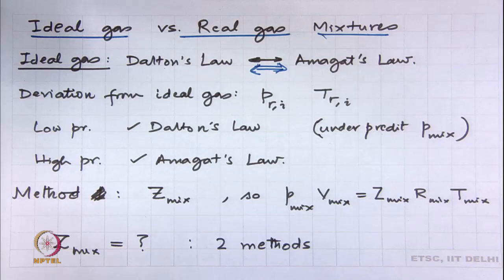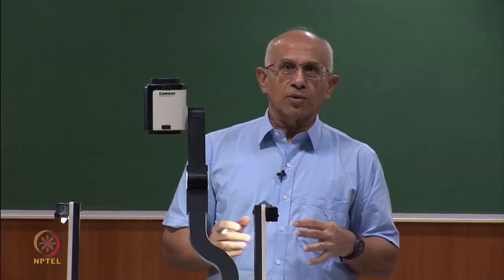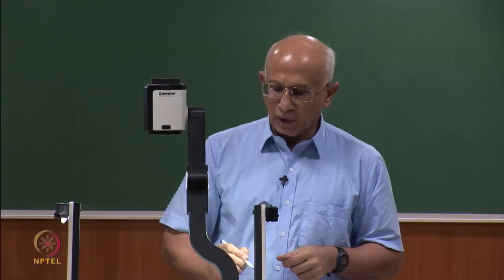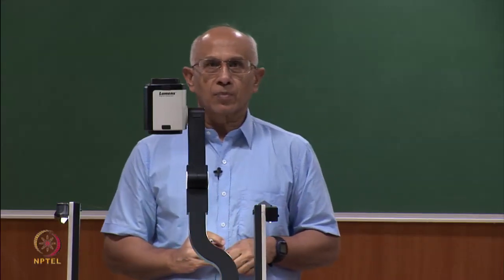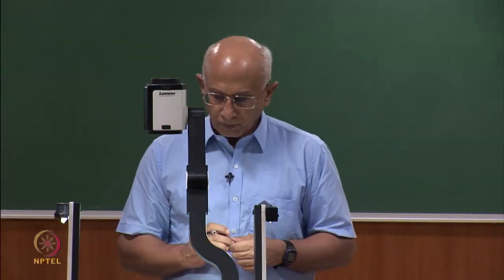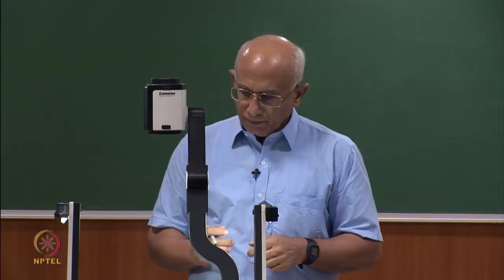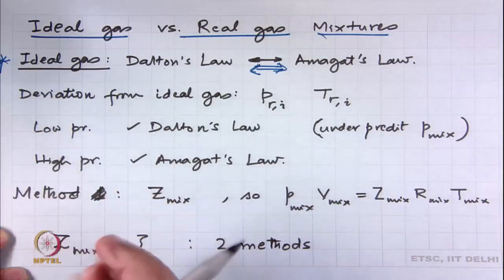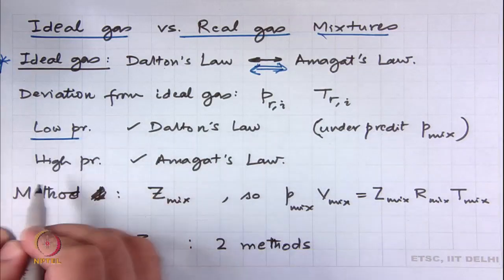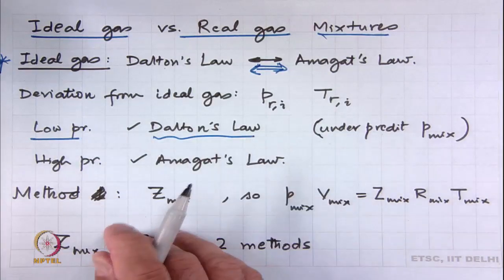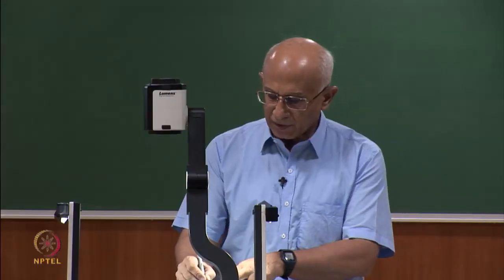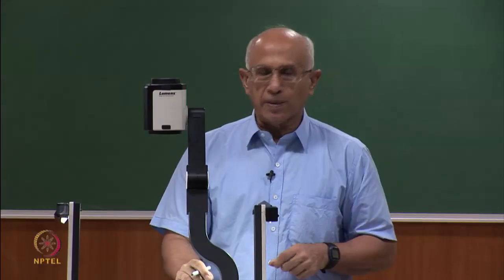So, what we would predict using Dalton's law is the same as what we would predict using Amagat's law, and that is strictly for an ideal gas. What happens is that for low pressures, Dalton's law is better at predicting the behavior, but at high pressures Amagat's law is better.